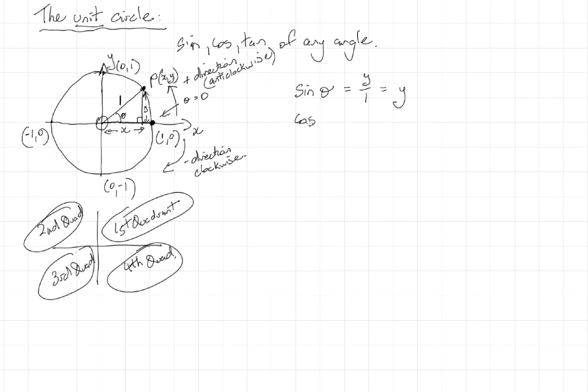The cos of theta is adjacent over hypotenuse, so that'll be x over 1, which is just equal to x. And the tan of theta will be equal to opposite over adjacent. The opposite will be the y value over the x value.